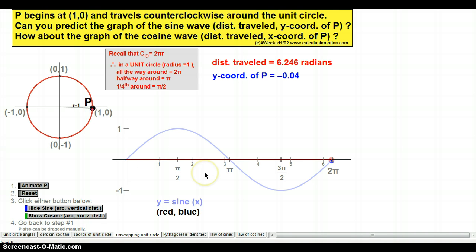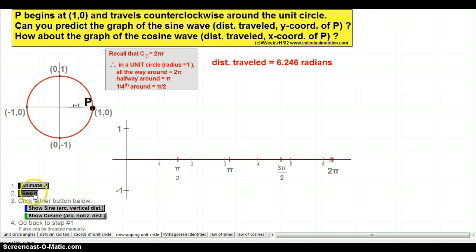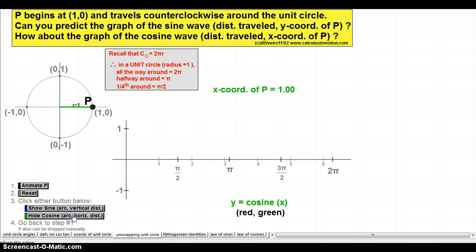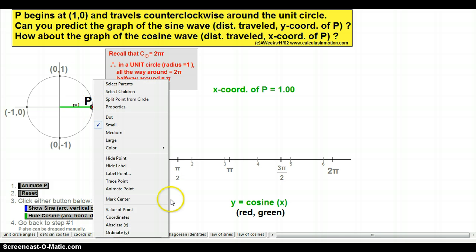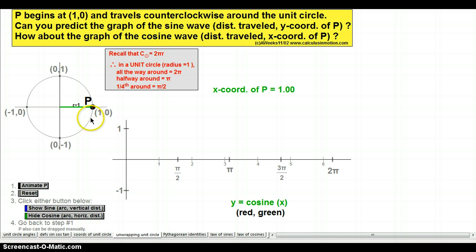Now think about this very similarly for cosine. If you have a cosine graph, remember you're looking at the x value. So at 0, my cosine value is 1, which is why if I start to graph that and take this around, it started up here at 1.